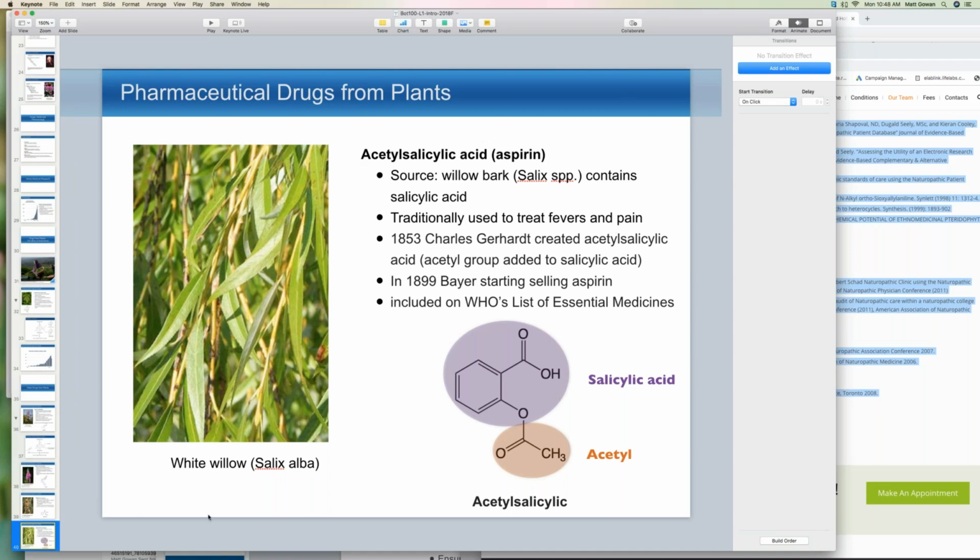So the take-home message here is that salicylic acid is naturally occurring, and most of the drugs that we've talked about so far are naturally occurring, but aspirin or acetylsalicylic acid, to the best of my knowledge, is not naturally occurring in willow bark. It's slightly modified from what exists in the white willow bark that was traditionally used for inflammation and fevers.